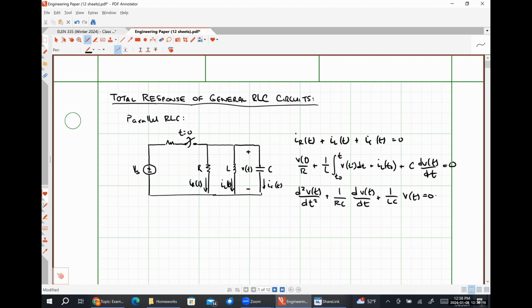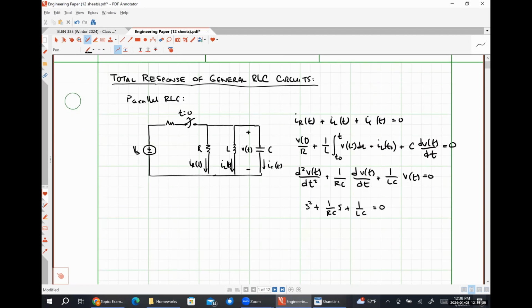And we found that this circuit had a characteristic equation of s squared plus 1 over RC times s plus 1 over LC is equal to 0.